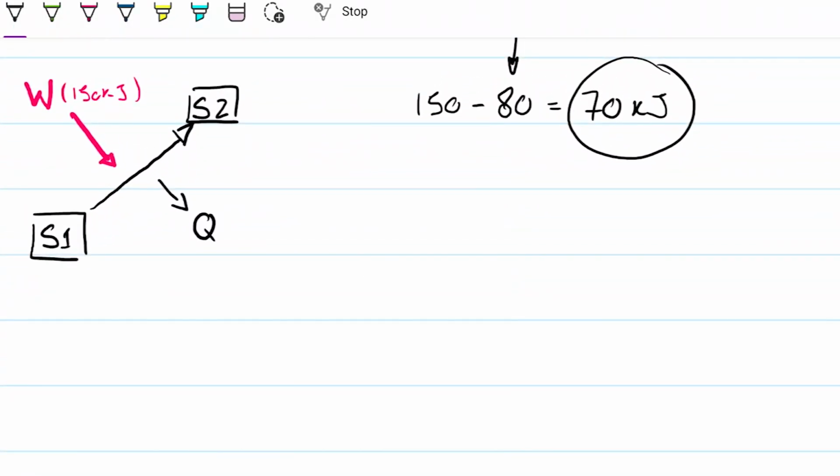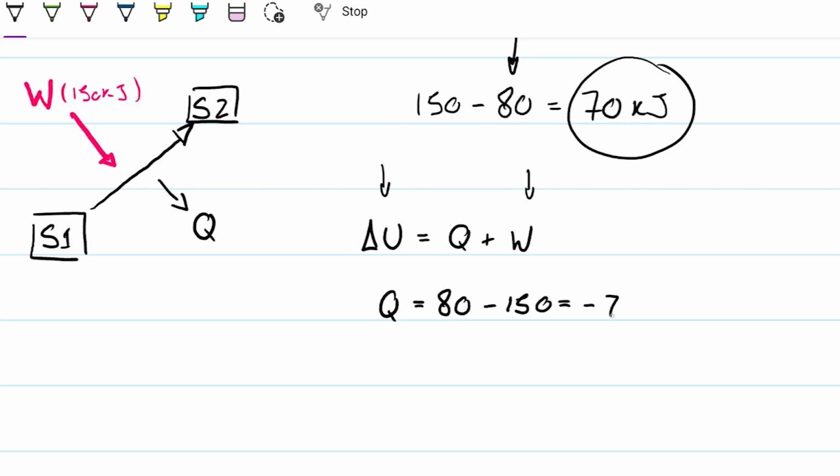I can also calculate that the mathematical, strict way, using the first law. This is 80 and this is 150, so Q is 80 minus 150, which gives minus 70, all in kilojoules.